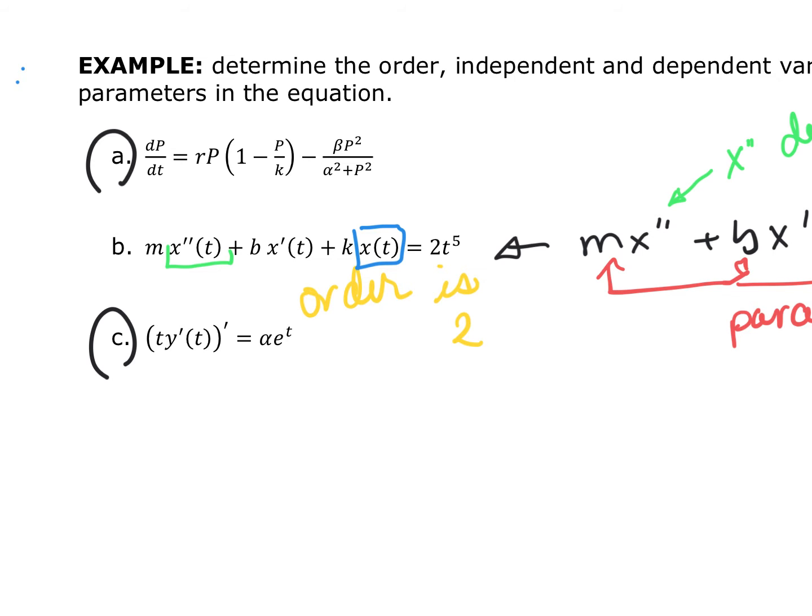So I want you to go ahead, and I'm looking for the order, the independent and dependent variables, and which ones are the parameters.